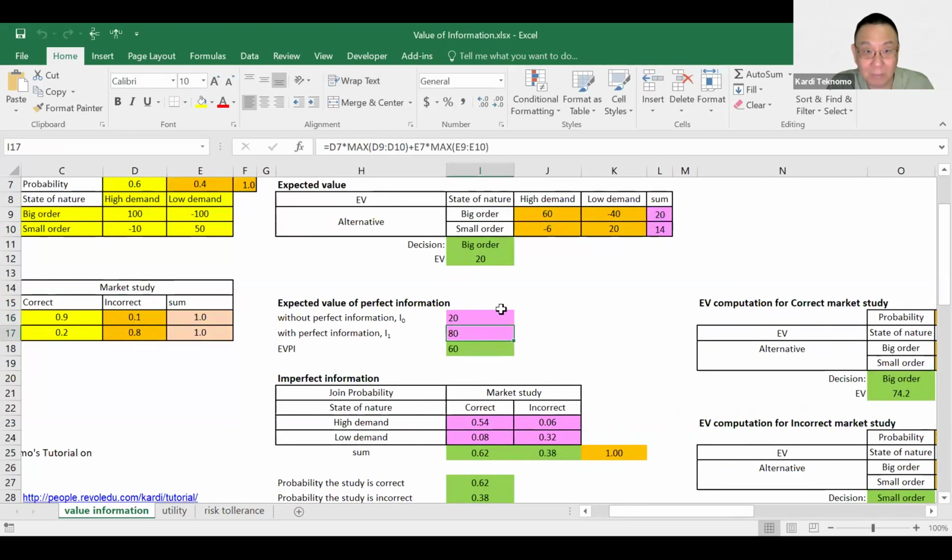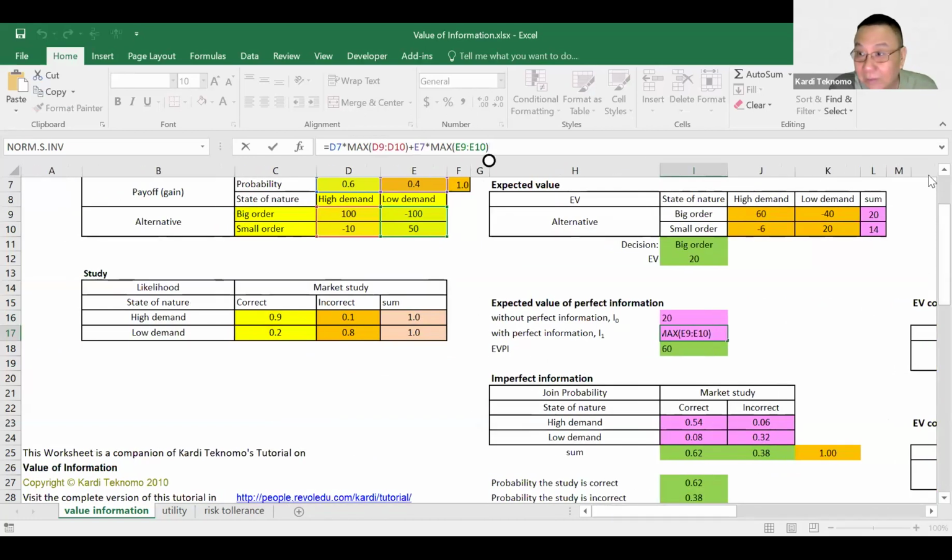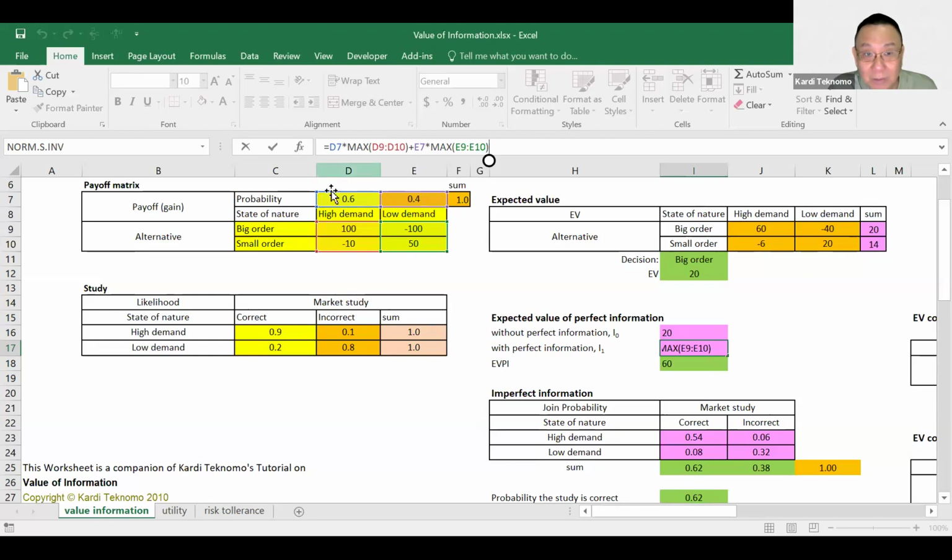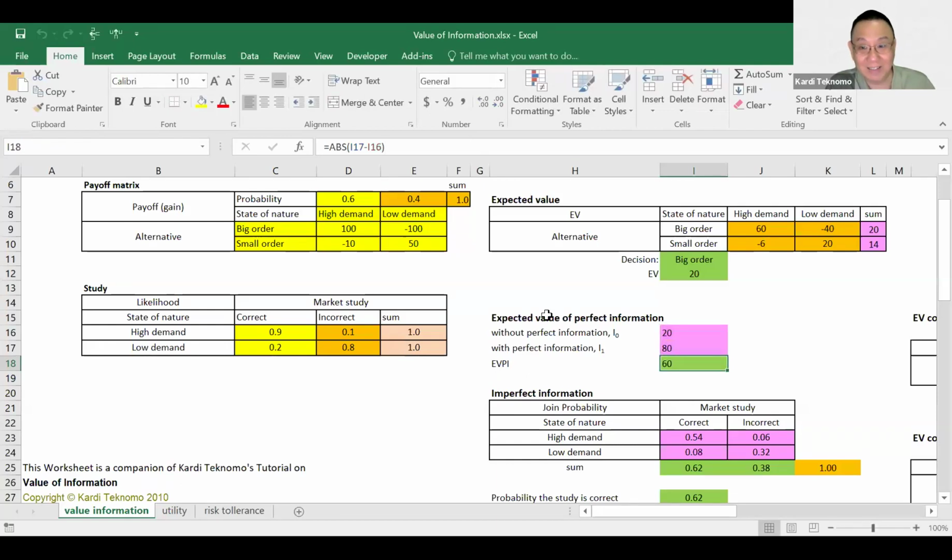And then for the expected value with perfect information, it comes from this probability multiplied by the maximum of this value, and then this probability multiplied by the maximum of this value. Can you see that? Okay, and then EVPI is just the difference, so 80 minus this, and then take the absolute value. Can you do that? Can you get the EVPI?